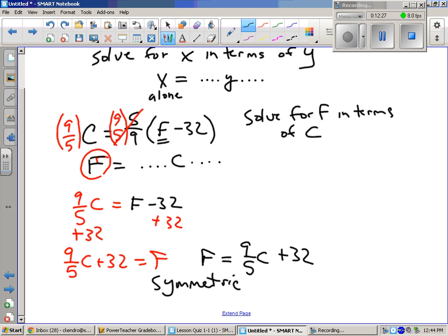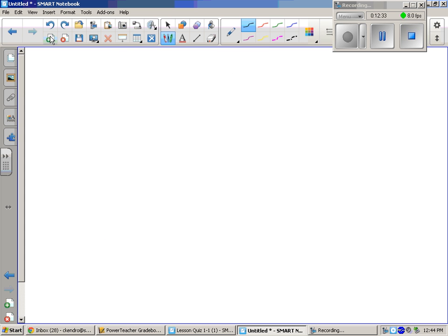Okay. Now I'm going to do one more, and I kind of already showed it here with the fraction stuff. If you have fractions in your equations, let's write one down. 1/2 x minus 2 equals 3/4 x plus 5. Most people don't like to work with fractions, so we're going to get rid of the fractions first.